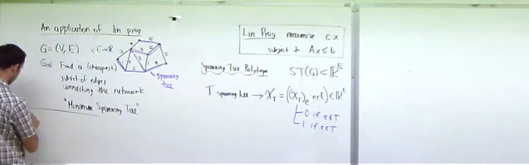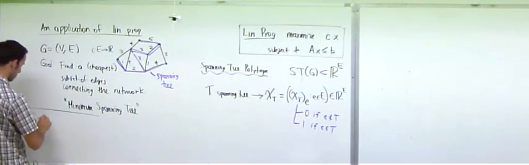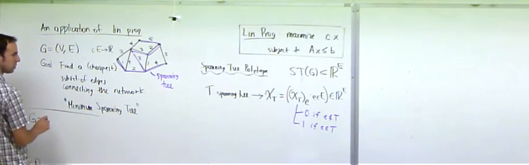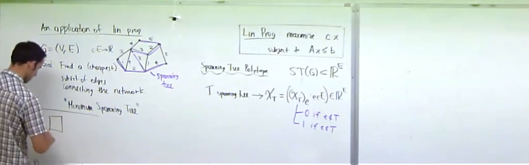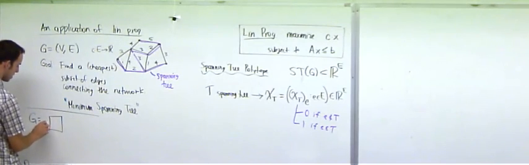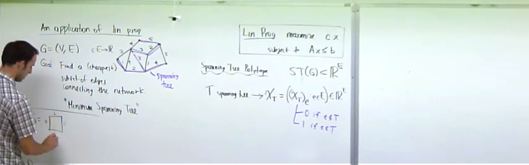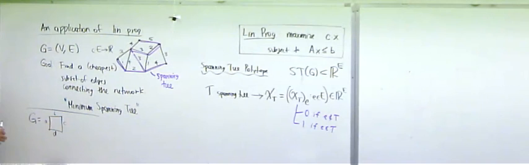So, for example, if my graph is this one, and maybe let's call the edges A, B, C, and D. Then how many spanning trees are there? Well, basically choose any 3 edges, and they're going to be a spanning tree.